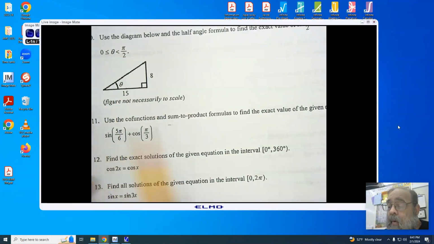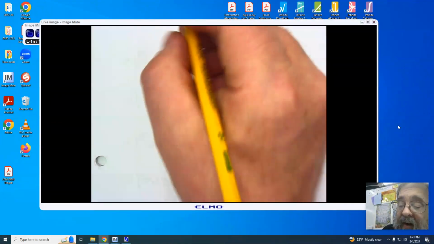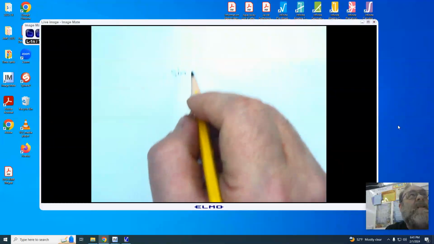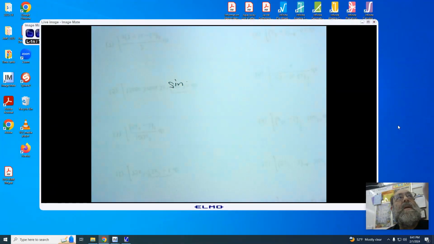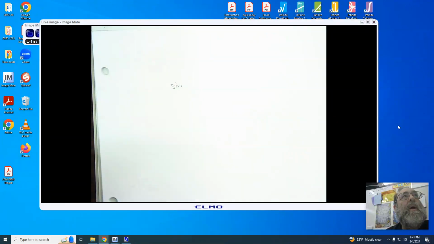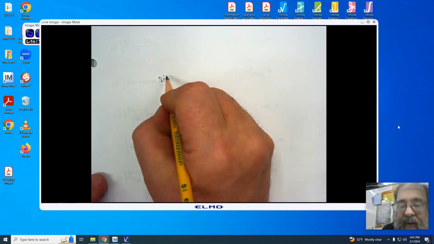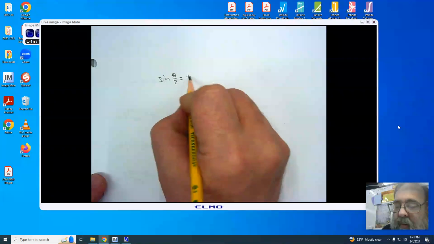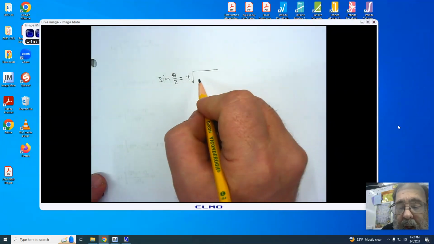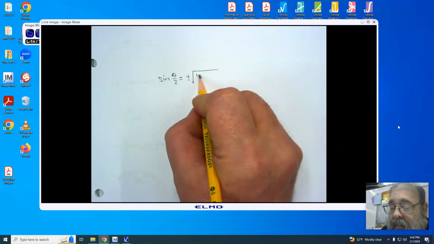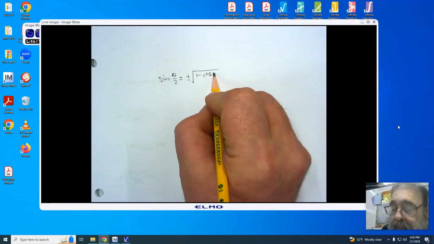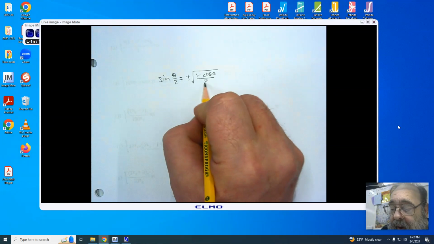The first thing I want to remind everybody is that if we are using the half-angle identity, the sine of theta divided by 2 is going to be the plus or minus square root of, and I'm just using the 1 minus cosine of theta, divided by 2.